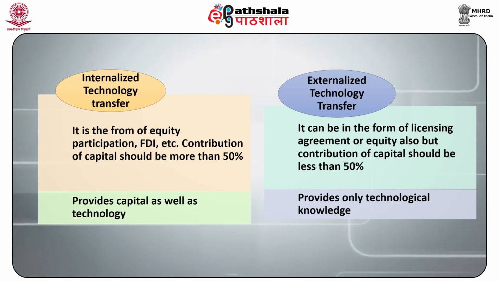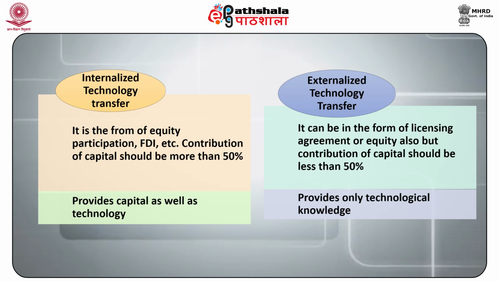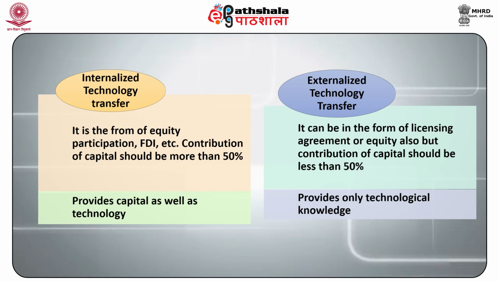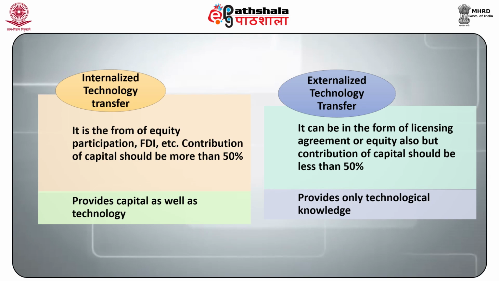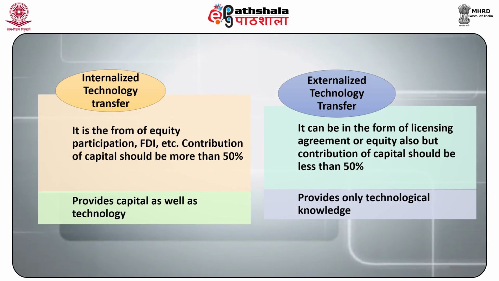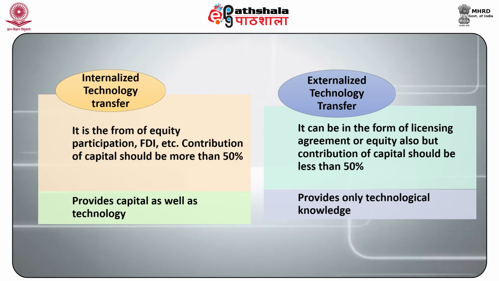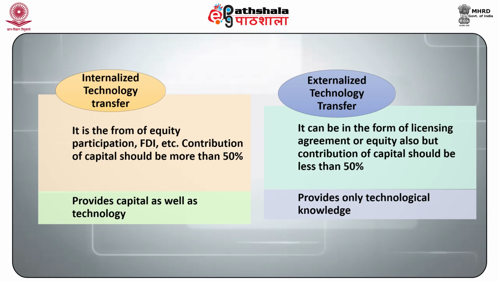Internalized technology transfer is in the form of equity participation, FDI, etc., and the contribution of capital should be 50% or more. Externalized technology transfer, on the other hand, can be in the form of a licensing agreement or equity, but the contribution of capital should be less than 50%.